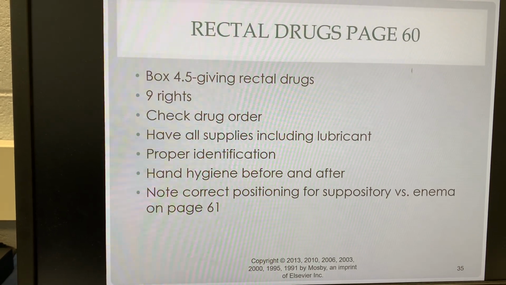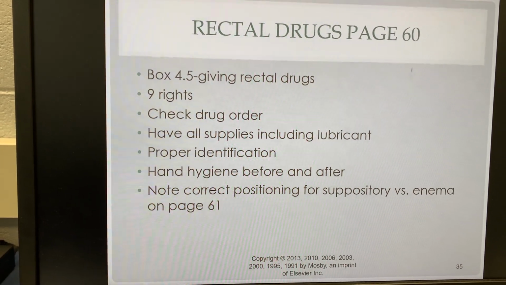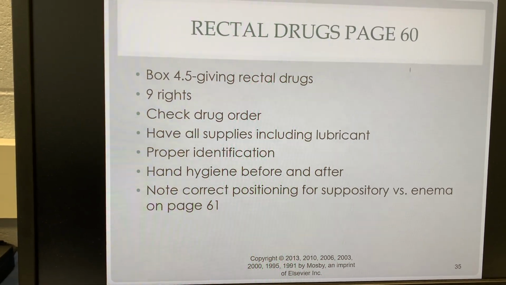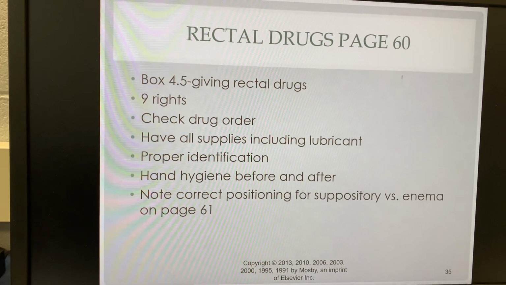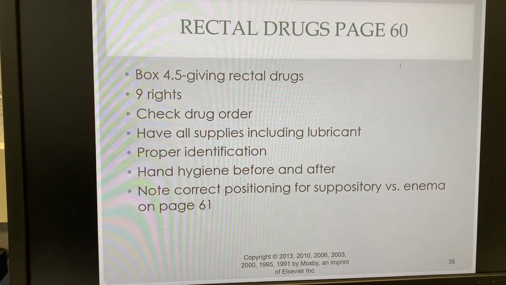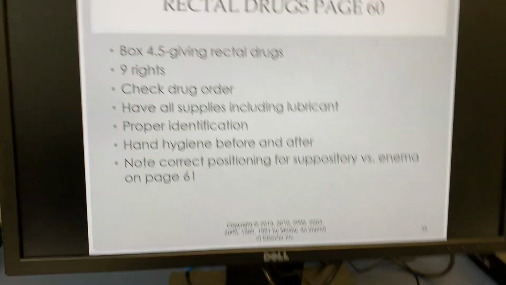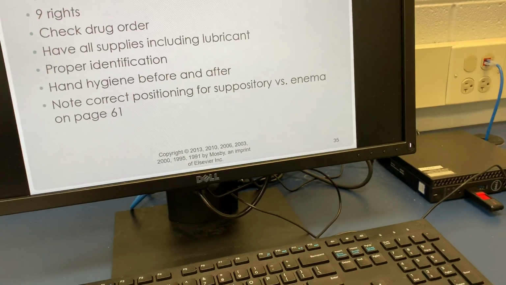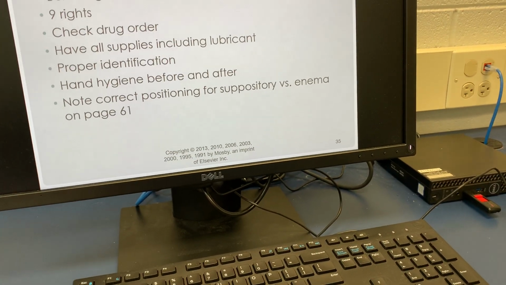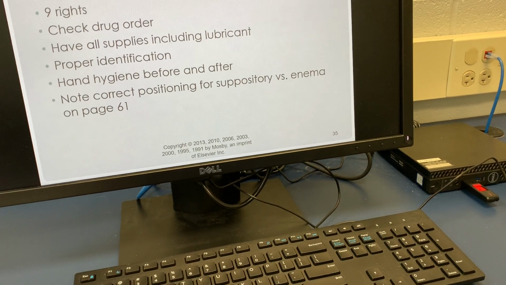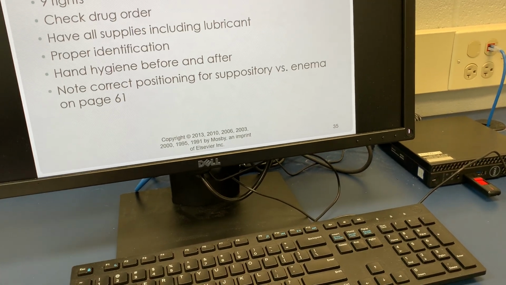You want to identify the patient, make sure you've got hygiene definitely after and also before. Note the correct positioning. If you look at the figure G, you see the way the colon is arranged in the body.